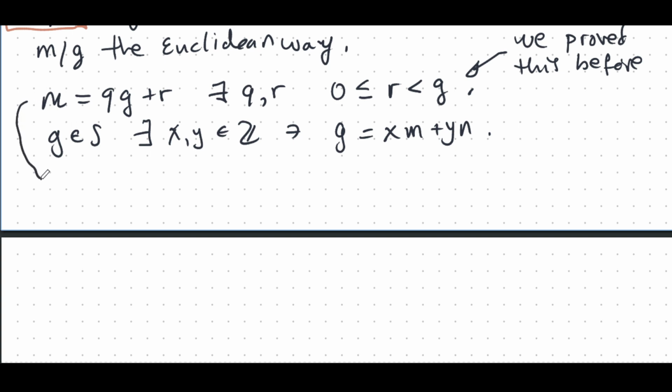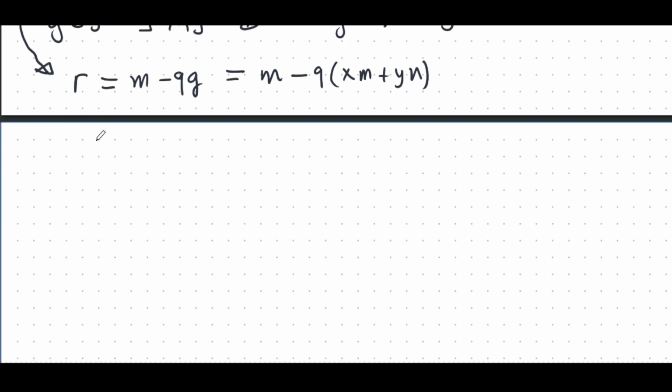Okay, so now let's compute the remainder. Let's take this and write it the other way: R equals M minus Q times G. But we know G can be expanded as a linear combination, XM plus YN, and here the pretty part starts. So R is M minus QXM minus QYN.